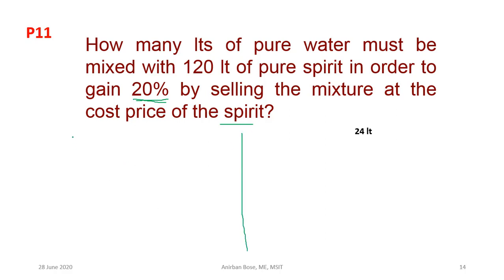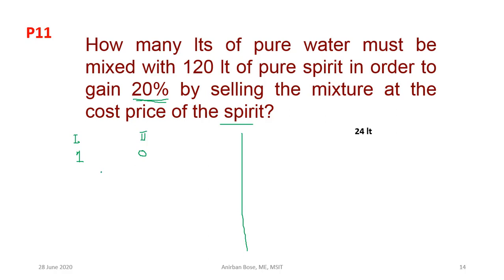So let us consider here type 1 is pure spirit, and type 2 is water. Let us consider the price of the pure spirit is 1 and the price of the water is 0.